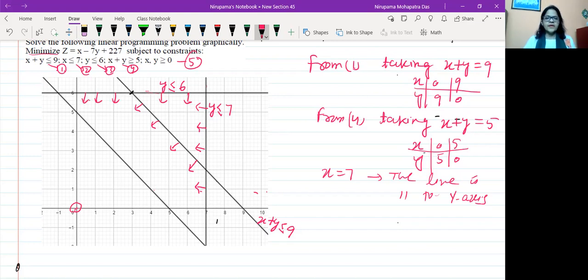Now the last one is x plus y greater than equal to 5. In the previous one I have written equal, here I am writing greater than equal or less than equal. It is up to you, not an issue whether you write equal, less than or greater than, because we are using the equation corresponding to the given inequation to draw the graph.